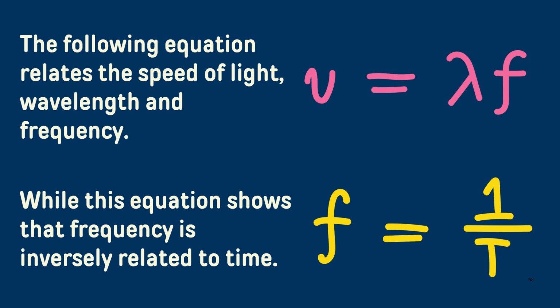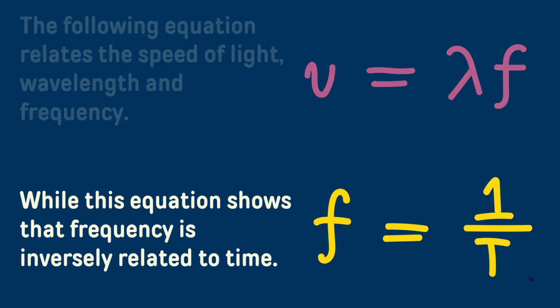V, which represents speed of wave, is equal to lambda, which represents wavelength, times f, which represents frequency. While this equation shows that frequency is inversely related to time, where f, which represents frequency, is equal to 1 divided by t, which represents time or period.